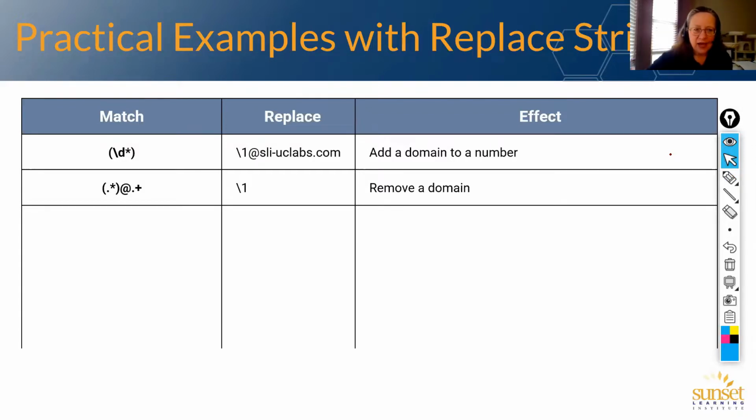So here I don't really care what's here, but if there is a domain name associated with it, I want you to get rid of it. Group 1, anything that follows, get rid of it. Removes a domain.